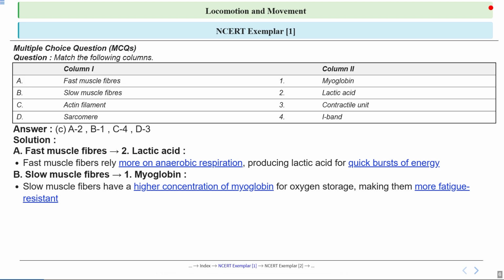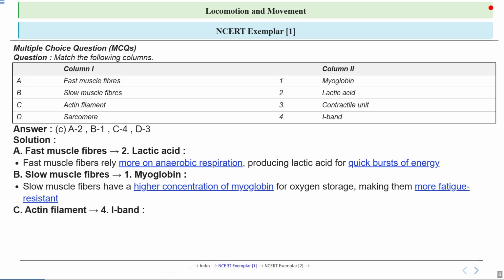So, that is why slow twitch fibers are ideal for activities that require endurance, like long distance running, as they efficiently use oxygen to produce energy. That is why B is matched with 1, that is myoglobin.